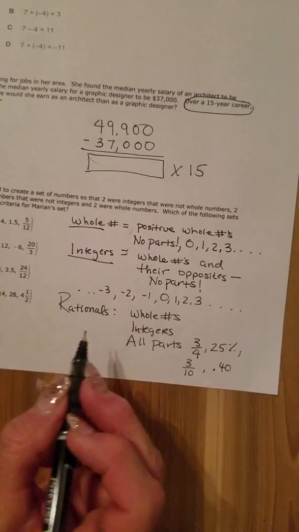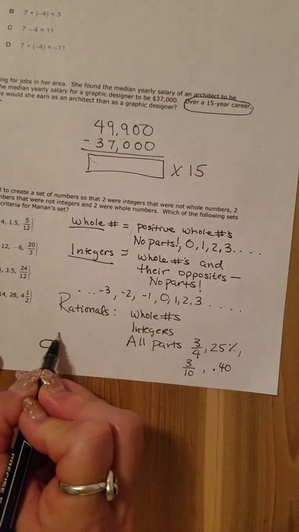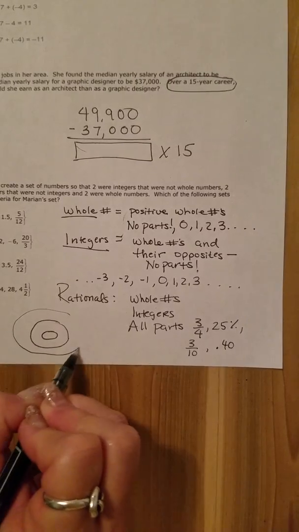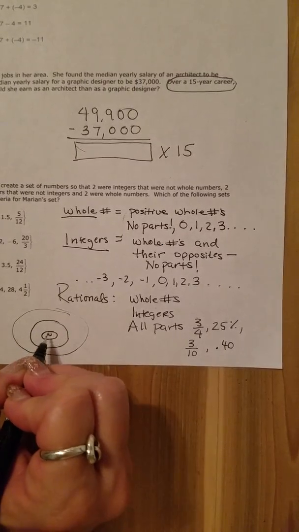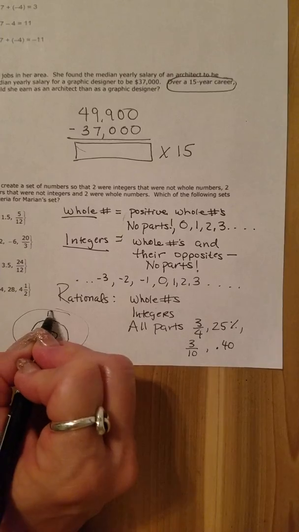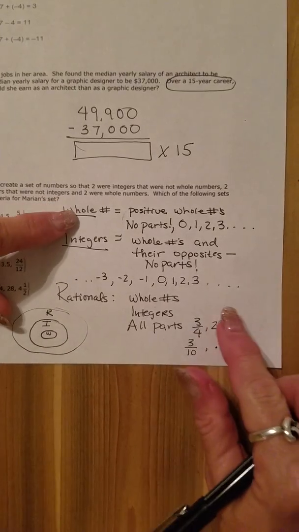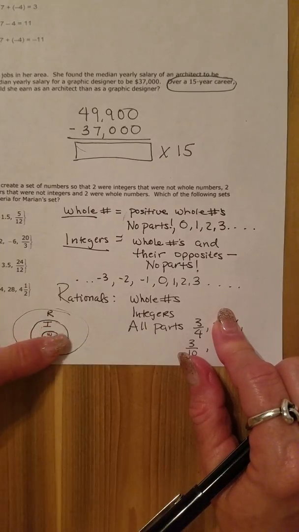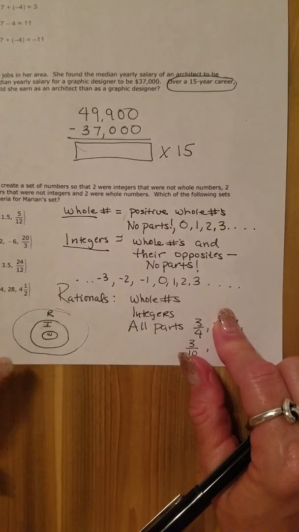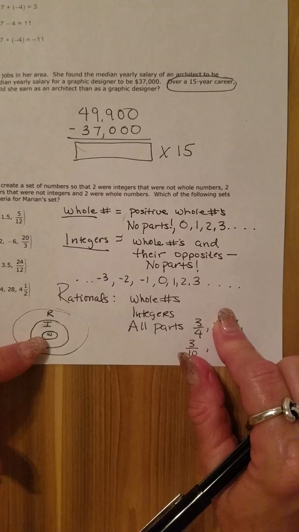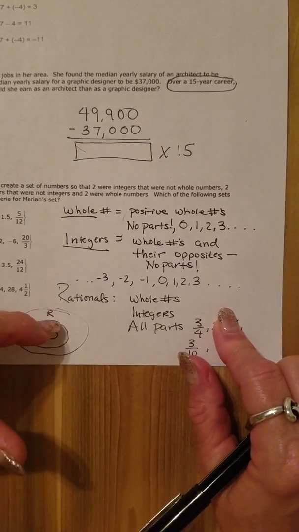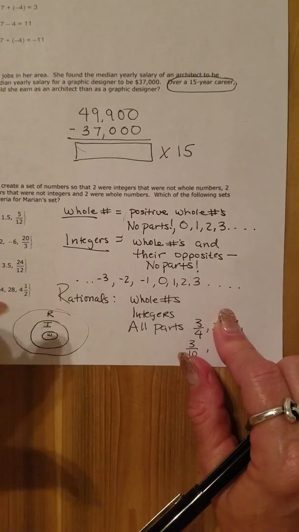Okay. And remember, we can represent it with a diagram like this. Inside here is whole, and here's integer, and here's rational. So whatever is whole is in here, and the whole is inside the integer, so it's also an integer and rational. Whatever is an integer is also a rational, but remember, not all integers can go back into whole, okay?